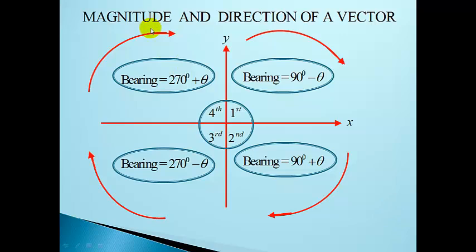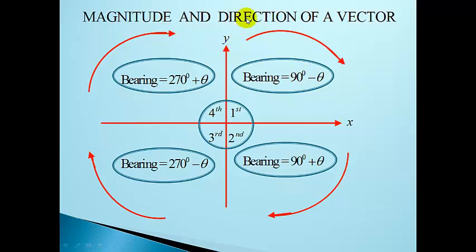Now, let's consider the magnitude and the direction of a vector. We know that bearings measure rotation in the clockwise direction from the north, from the positive y-axis.